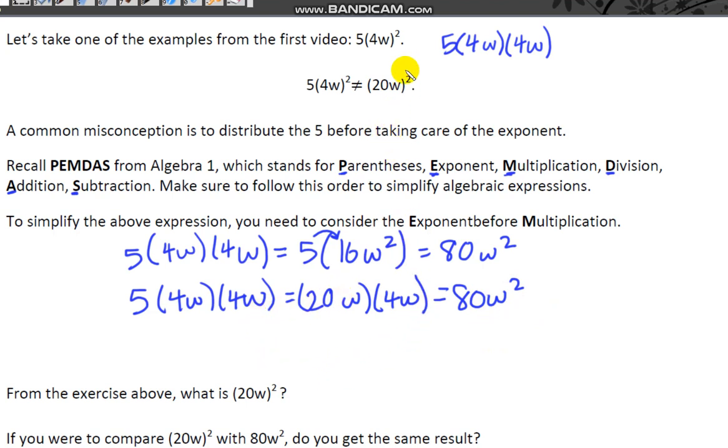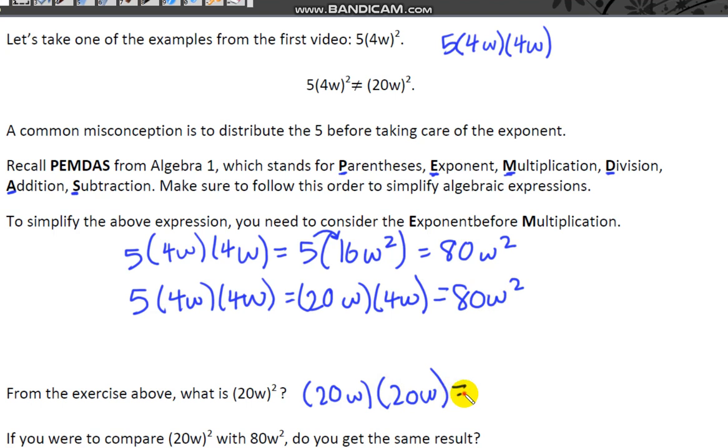So from the exercise above, so this is the exercise above here, right? So what is 20w squared? If I were to do this, this is 20w times 20w.